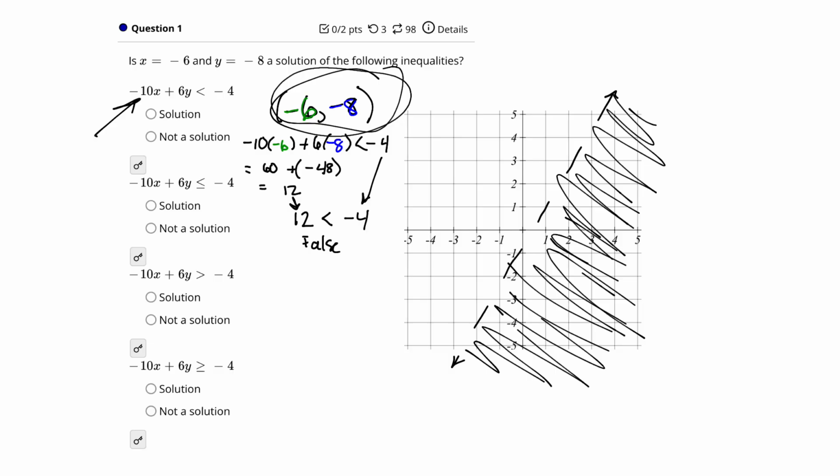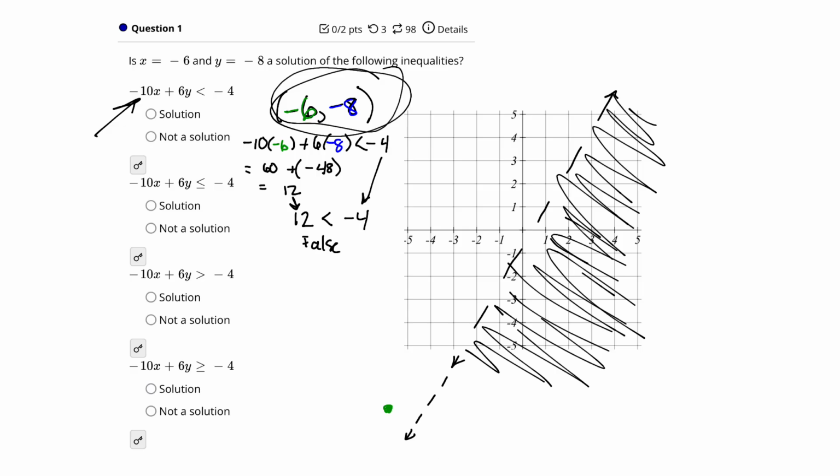What this is saying then is the point -6, -8, and what did I tell you? It was somewhere around here. If I were to continue this out here, that point right here would not be in the shaded section, and you can see it isn't.